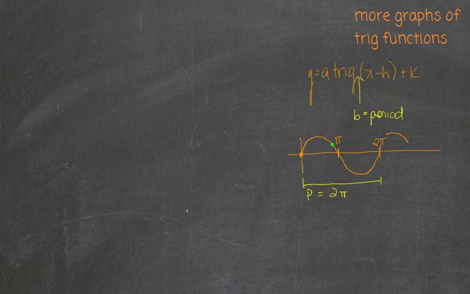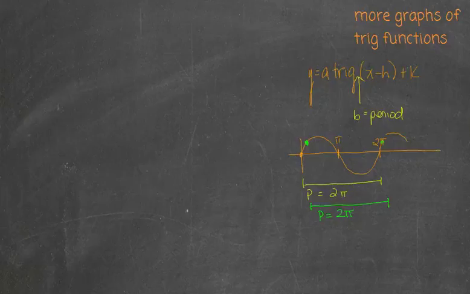Let's say if I started here and followed the function until it completed a cycle and just began to repeat again, I would end up here, and I'd be able to say, with just a slight shift, I'm still looking at p equals 2 pi. So the period of a sine or a cosine is 2 pi units.